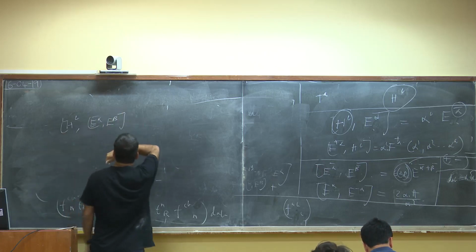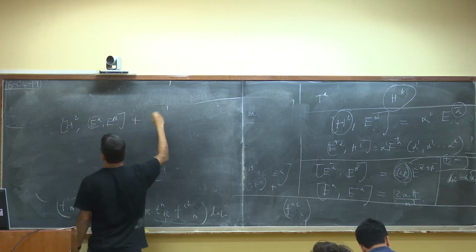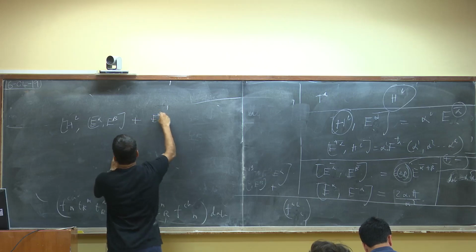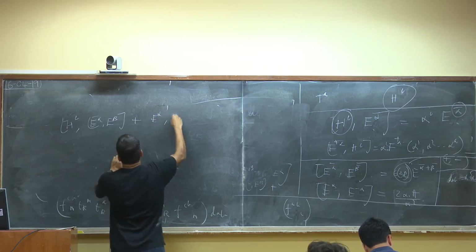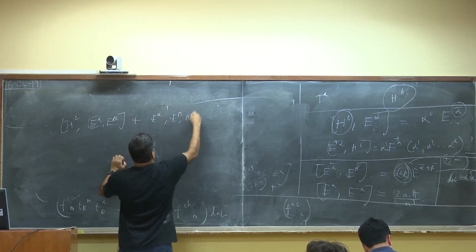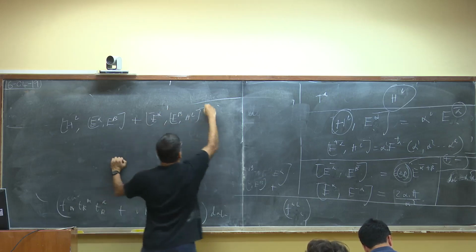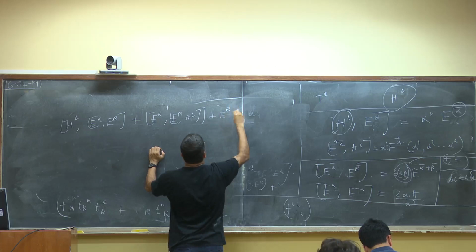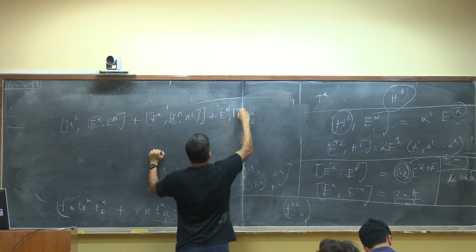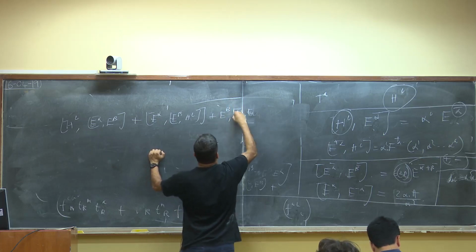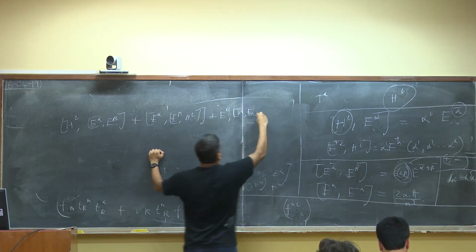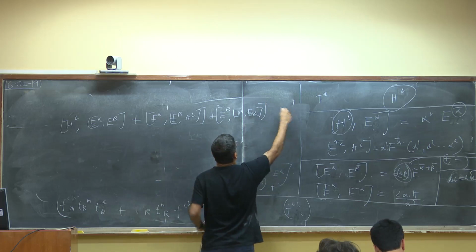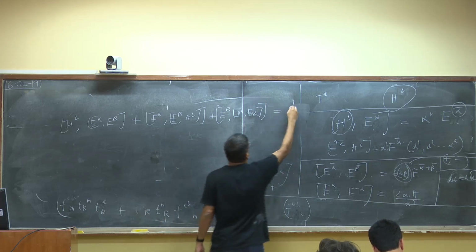Okay, now we know that this plus E alpha commutator E beta HI plus, and move one more back, E beta commutator HI E alpha, is equal to 0.